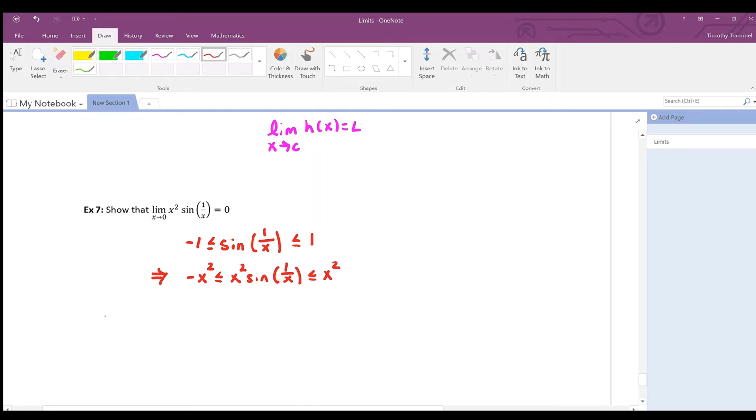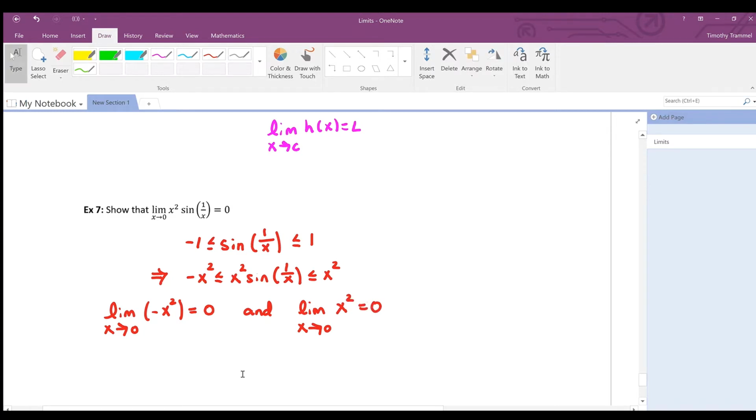And we know that the limit as x approaches 0 of minus x squared can be solved by just direct substitution. This is just 0. And the same thing could be said about the limit as x approaches 0 of x squared. This limit's also just 0.